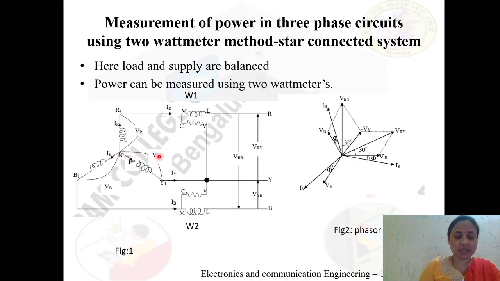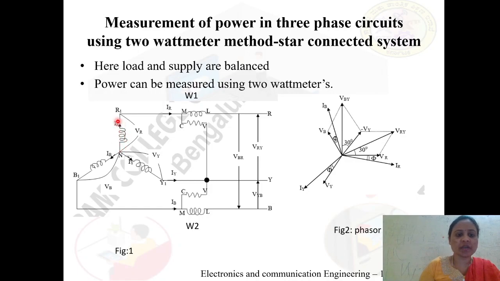VY is the phase voltage for phase Y, or between line Y and neutral. VB is the phase voltage between line B and neutral, or across phase B. IR, IY and IB represent the line currents and also the phase currents.